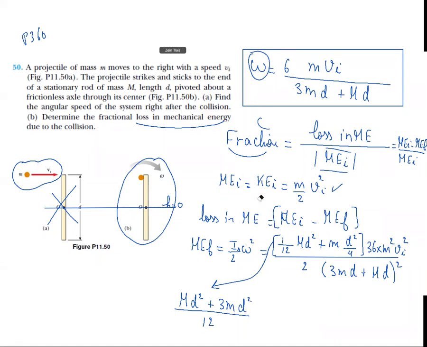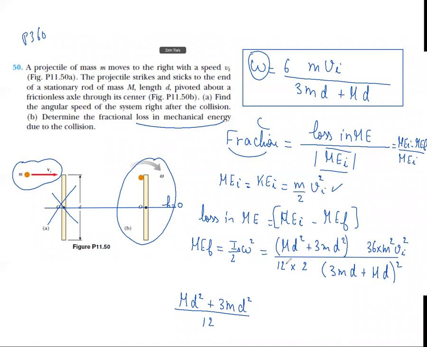We can eliminate this one, and we put M D square plus 3 M D square divided by 12.